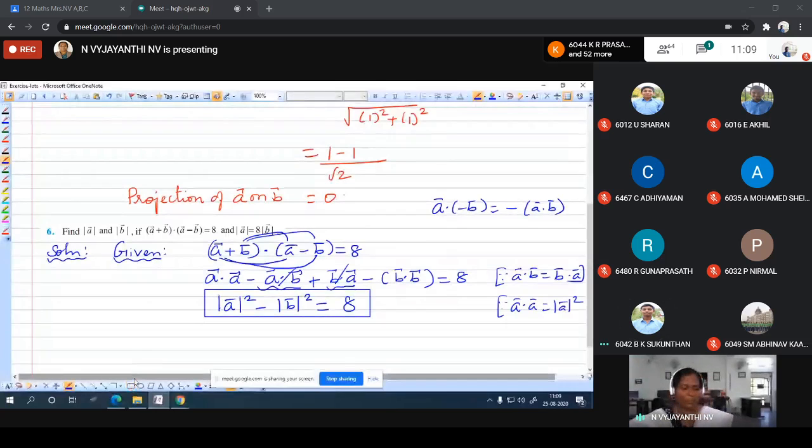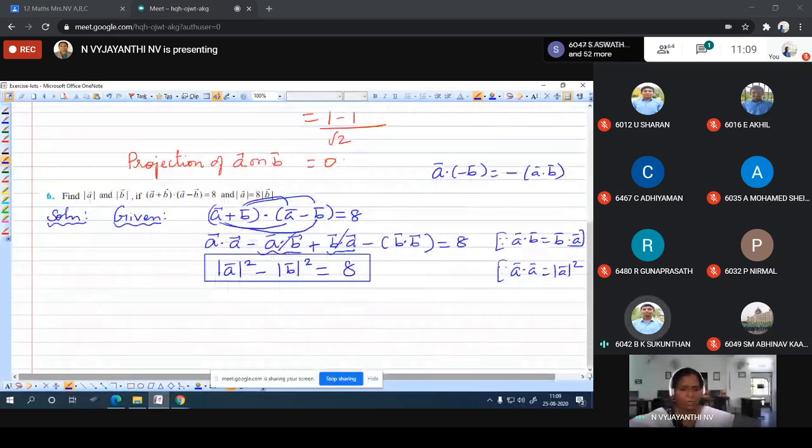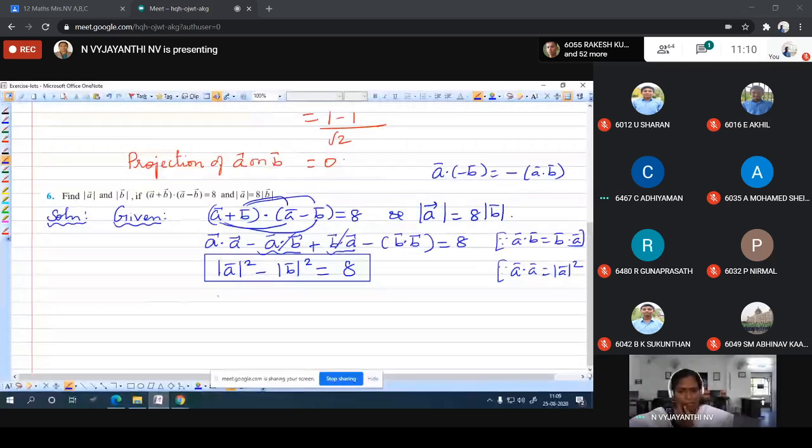And moreover, they have given that modulus of A vector is equal to 8 times the modulus of B vector. So if you replace, what will you get? 8 times modulus of B vector, the whole square, which is 64 modulus of B square, minus modulus of B square equal to 8.